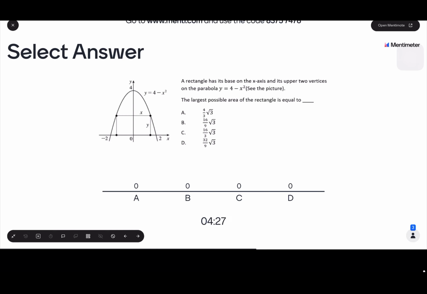And the vertices on the upper side are touching 4 minus x squared, right? So first you need to figure out the points on this part. So your parabola 4 minus x squared is becoming your constraint. Okay?